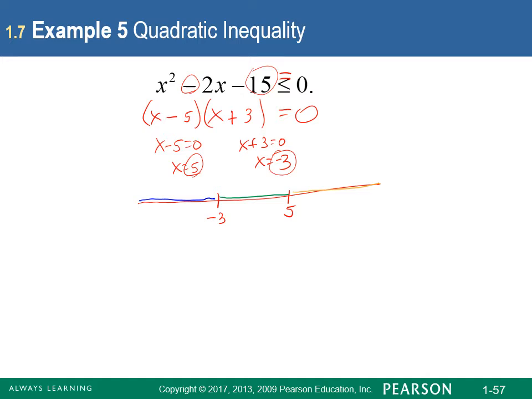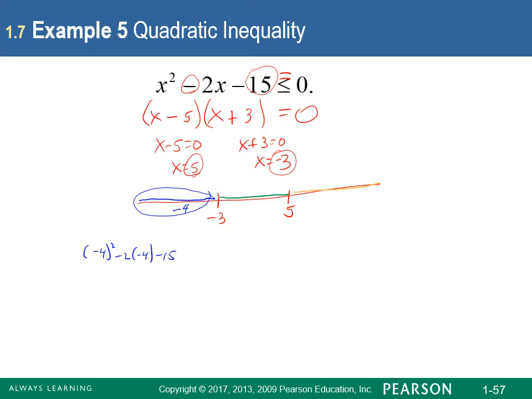For example, if we choose a number in this region, something to the left of negative 3, such as maybe negative 4, that would give, in the original inequality, negative 4 squared minus 2 times negative 4 minus 15.